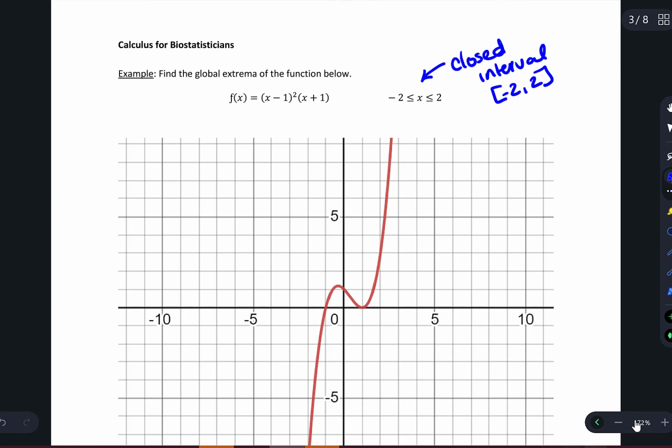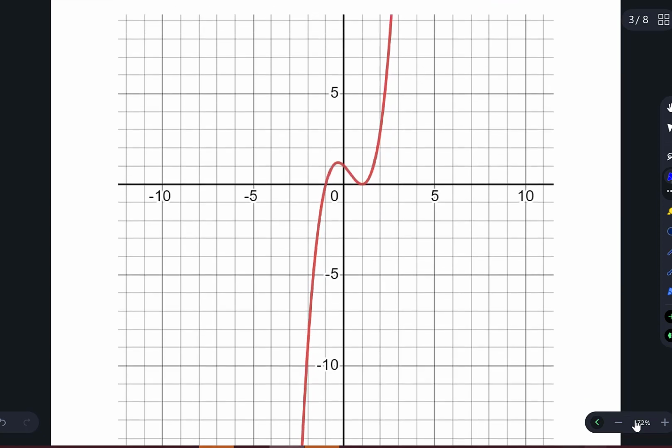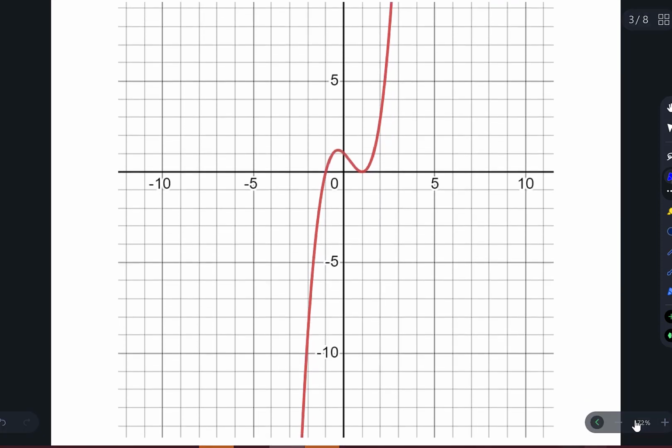That would mean the same thing. And here we have a plot of the function. And so again, we're interested in that closed interval between -2 and 2. So notice if we were to draw some vertical lines to help us out, this is where that closed interval is, and we are interested in the function between this interval.